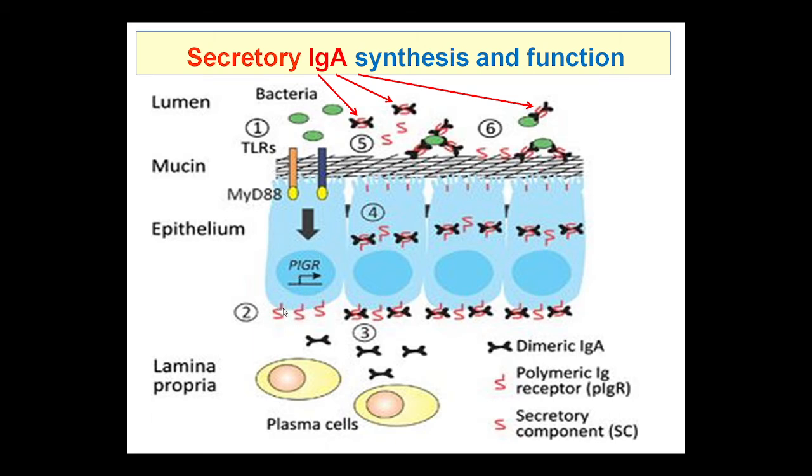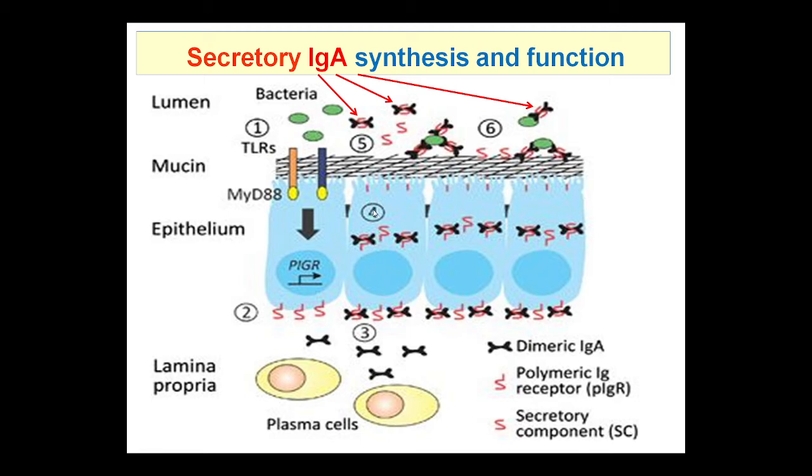The epithelial cell produces these polymeric Ig receptors, and they are transformed in the future to the secretory component. So these receptors interact with the IgA molecules, facilitate dimerization of these IgA molecules, and these IgA molecules bind to the polymeric Ig receptors. They facilitate passage of these complexes through the cytoplasm of the epithelial cell.